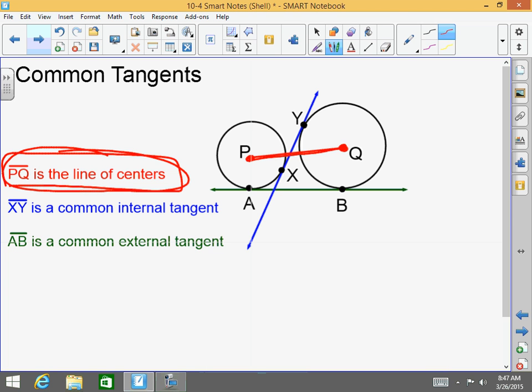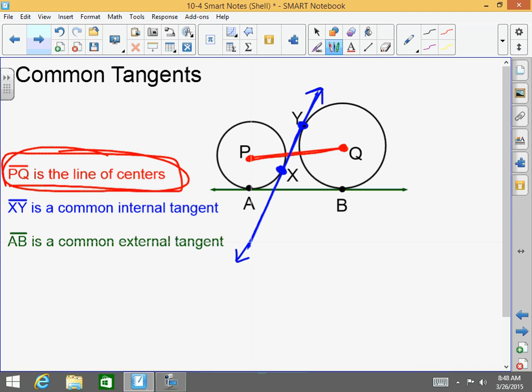Now, if you look at XY, XY is called a common internal tangent. It's internal because it's going in between both circles. Hopefully by now you've realized, guys, that most things in geometry are pretty logical based on the figure.